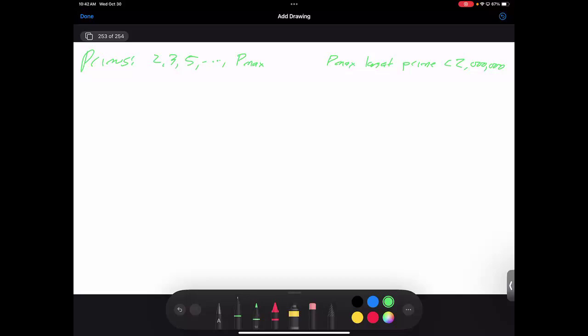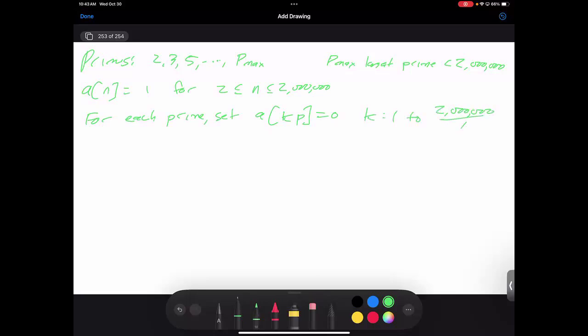And what I can do is maybe A of n equals 1 for 2 less than or equal to n less than or equal to 2 million. And then for each prime P, set A of K times P equal to 0, where K goes from 1 to 2 million over P.